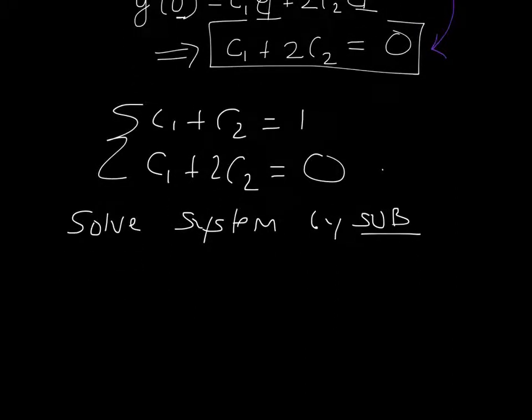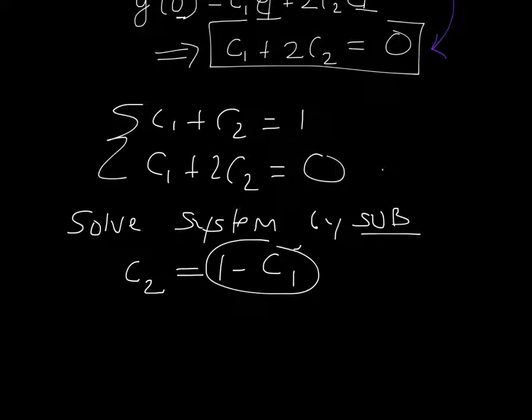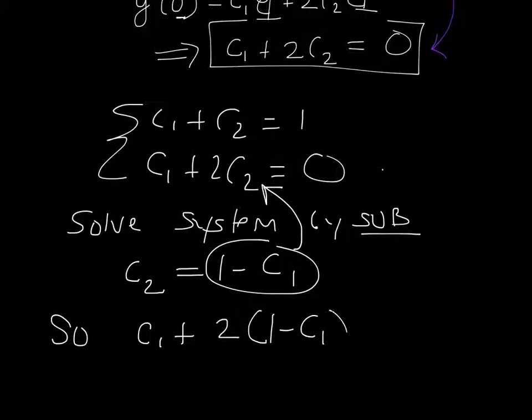I'm going to solve for the first equation. So I'm just going to solve for C2. So I know C2 is 1 minus C1. And that's C2. So I'm just going to insert it, right? Substitute back. So I get C1 plus 2, and then C2 is this guy.